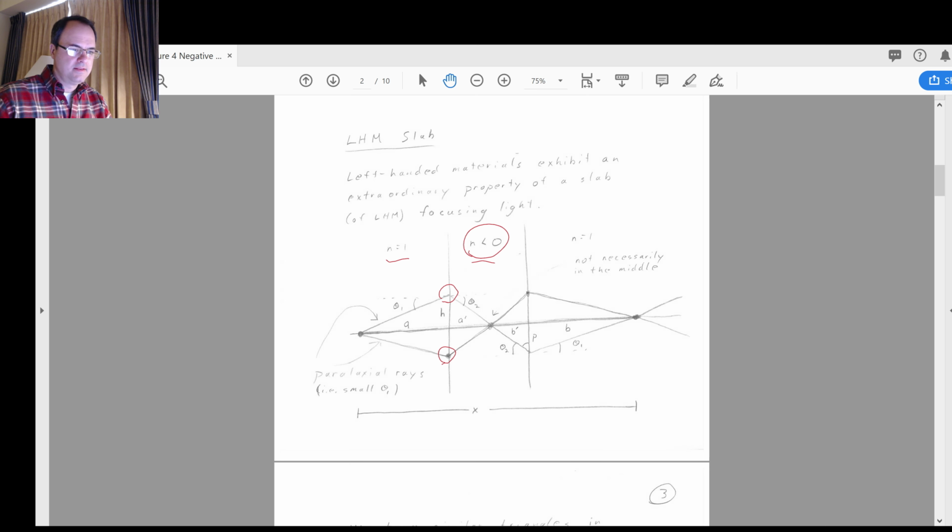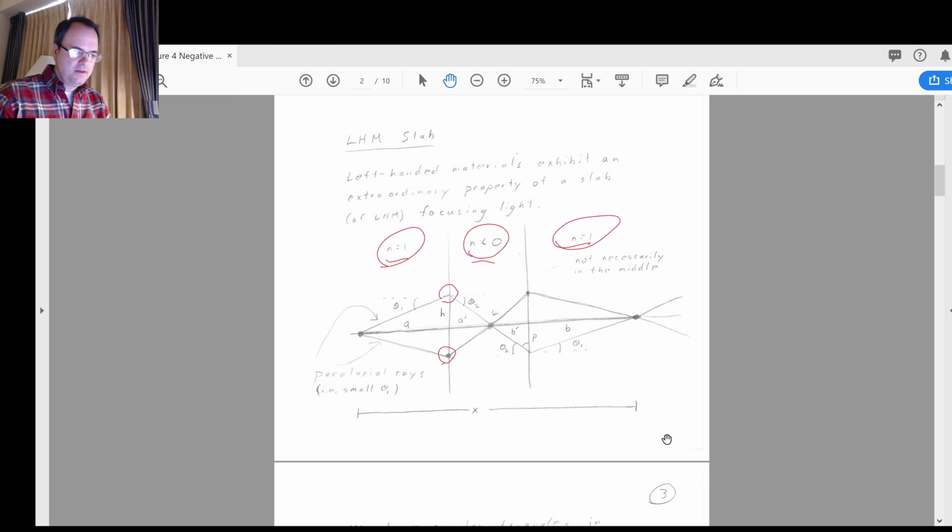All right? And so you can work through the geometry, as they do in the book, and get a few relations. There's a whole bunch of similar triangles in this figure here. So again, if it's not clear, we have a regular material on either side, and then we have a metamaterial in the middle.